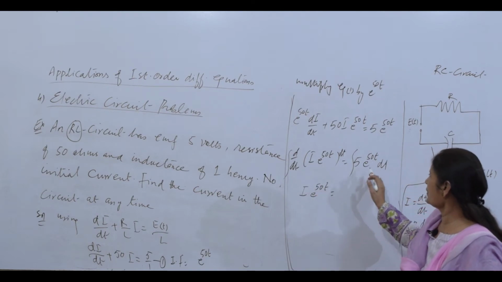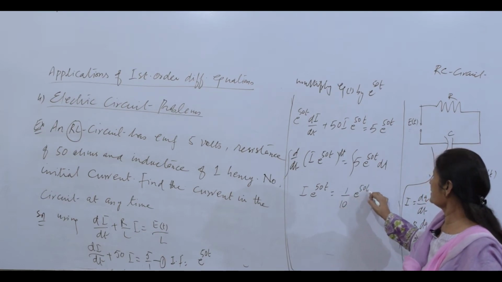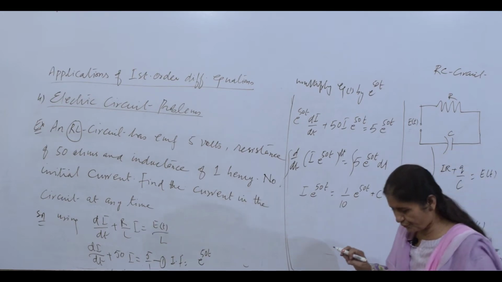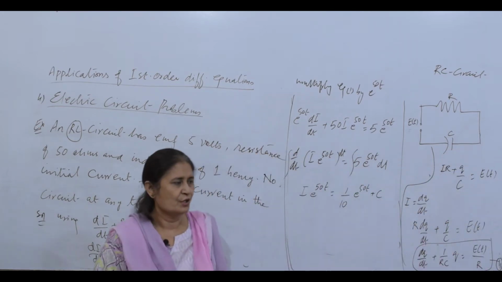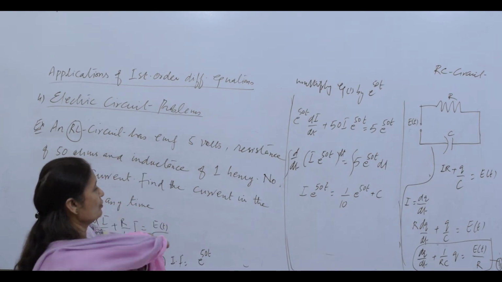So i e^(50t) is equal to 5 by 50, which means 1 by 10, e^(50t) plus C. Do not forget to put a constant of integration on the right-hand side.